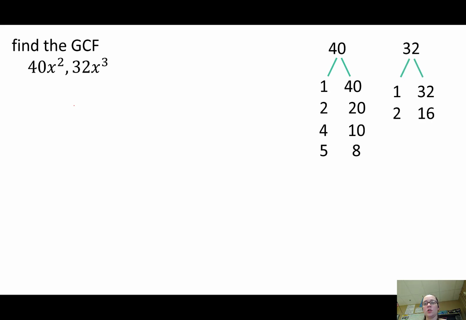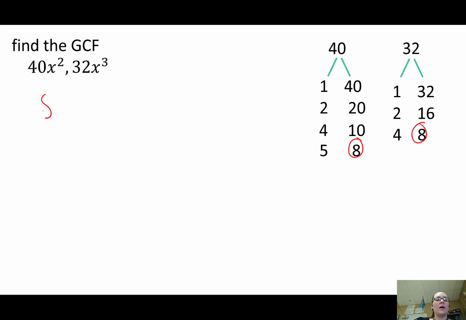Now looking at 40x squared and 32x cubed, we start with the numbers. Factors of 40 are 1 and 40, 2 and 20, 4 and 10, and then 5 and 8. Factors of 32 are 1 and 32, 2 and 16, 4 and 8. So what is the largest they have in common? Well, 8 looks to be the biggest.